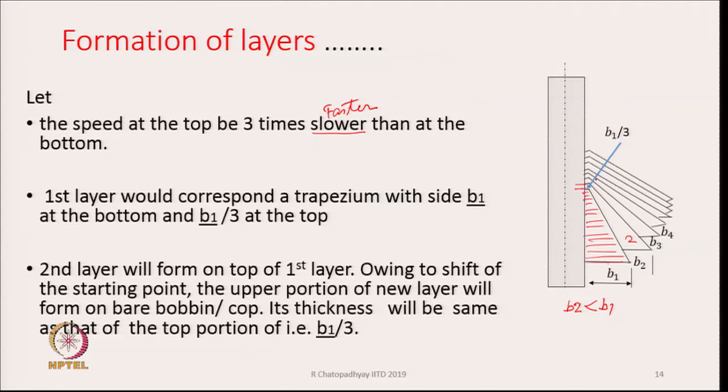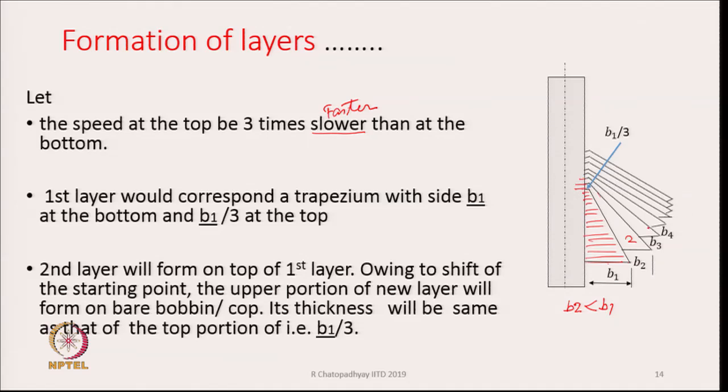So the top part of layer 2 is also going to be exactly equal to B1 by 3. The bottom part will be a little thinner in comparison to B1, and gradually it is tapering, and as it goes to the top the thickness is gradually changing, and it is almost taking this kind of shape.